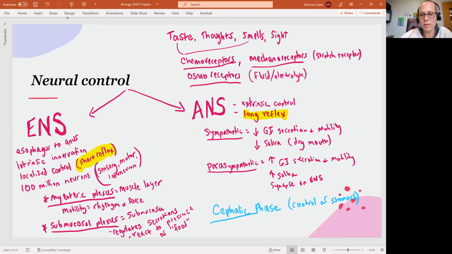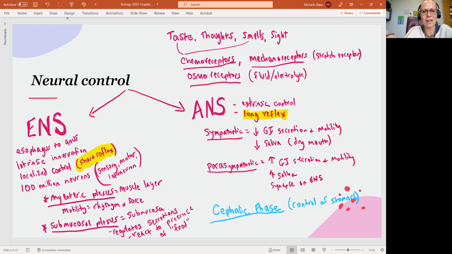When we talk about cephalic phase, cephala is talking about your head. So this is the conscious control of your digestive tract. So here we're talking about enteric nervous system, which is localized, autonomic nervous system, which is unconscious, central control.